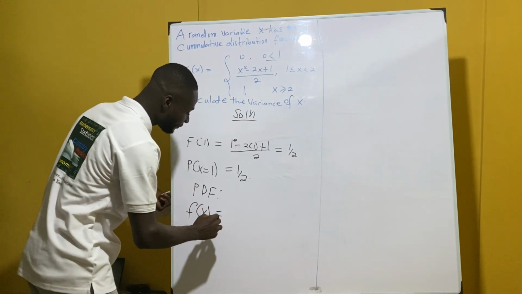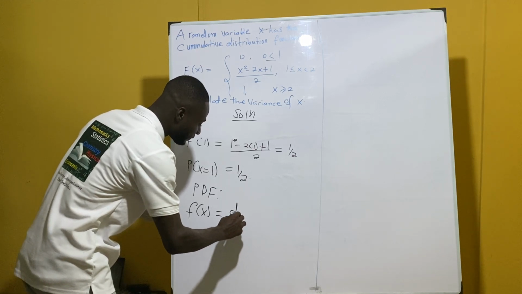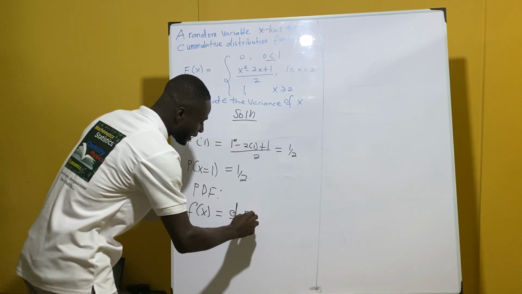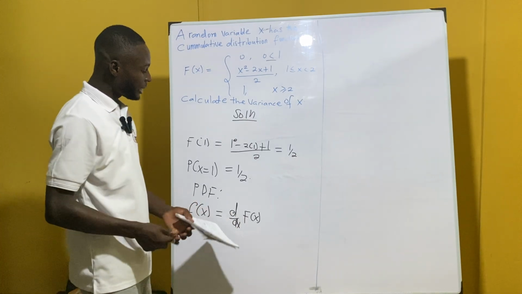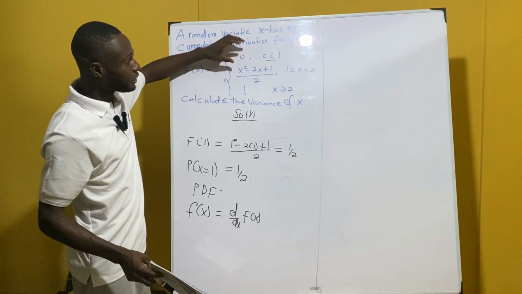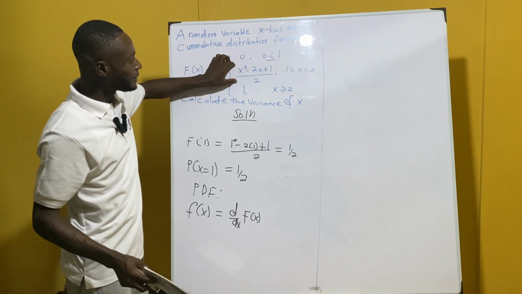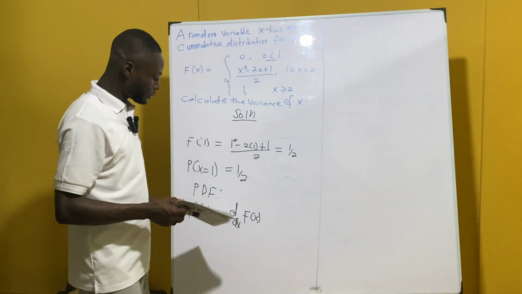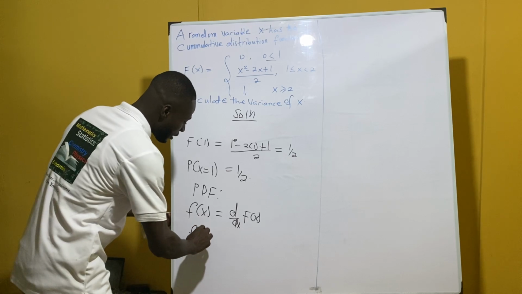So the small f of x is equal to the differential of the big F of x with respect to x, right? From the function given, when you differentiate this 0, it's already 0, right? Then we have to differentiate this function as well.